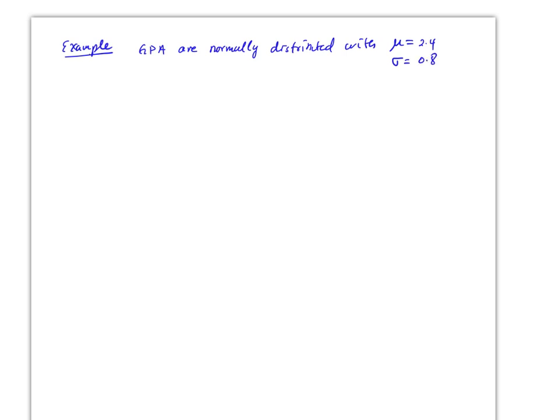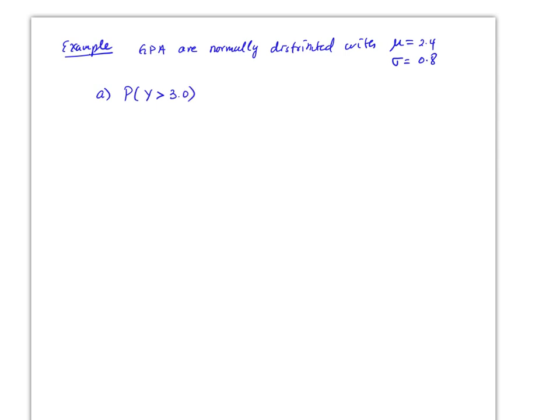Okay. So then it says, what fraction of students will have a GPA in excess of 3.0? So technically the question is, what's the probability that y will be more than 3.0?